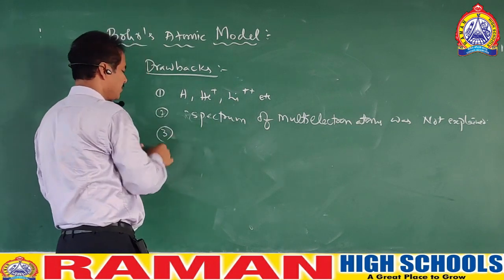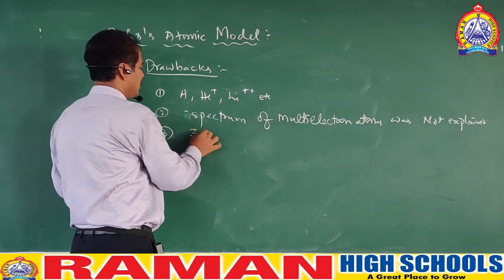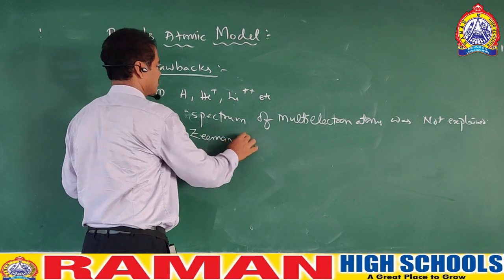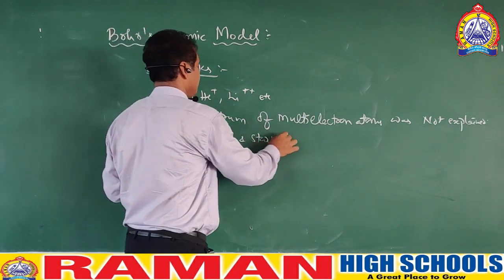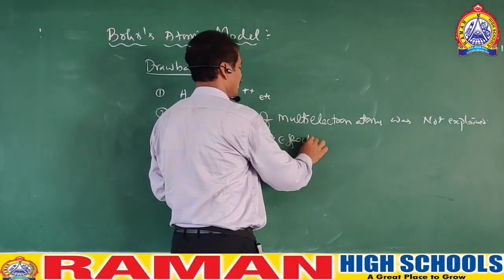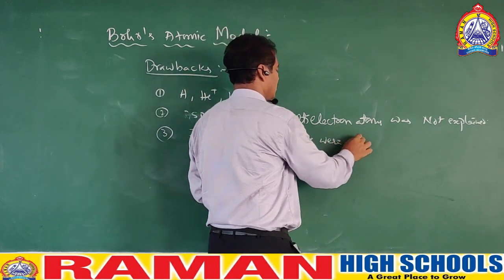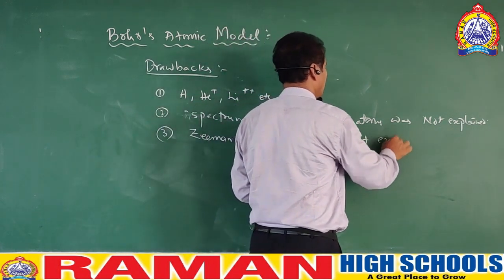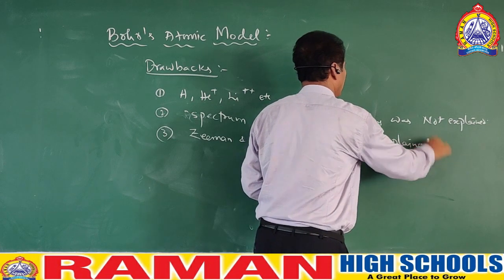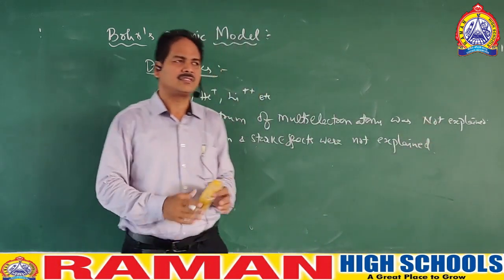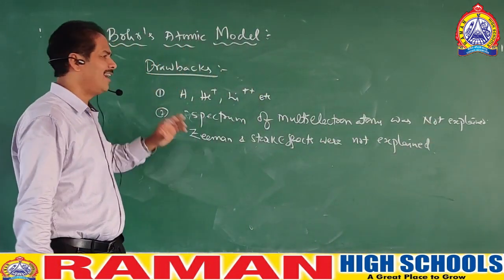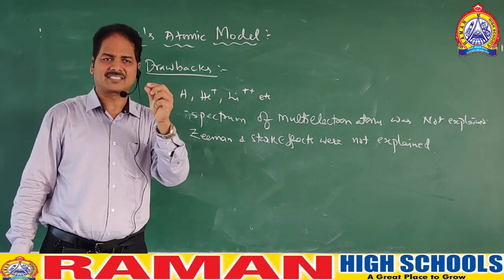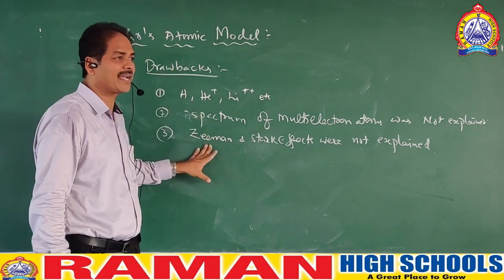And Zeeman and Stark effects were not explained. The Zeeman effect is nothing but splitting of the spectral lines under the influence of a strong magnetic field.